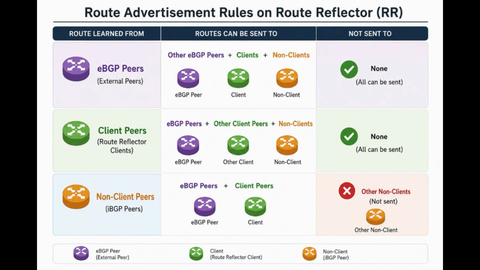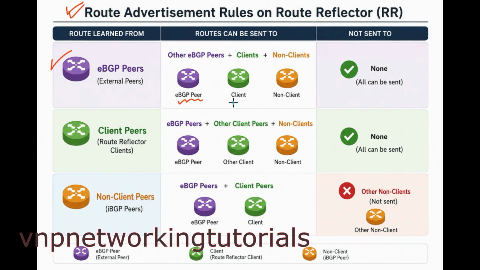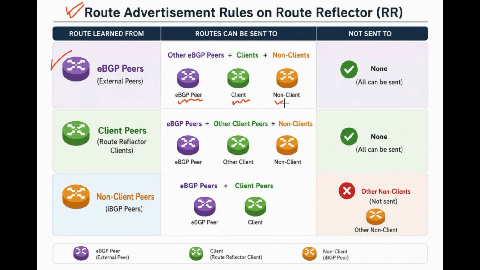Finally, let's summarize everything in one table. A route learned from an eBGP peer can be sent to other eBGP peers, clients and non-clients. There is no destination restriction shown here. A route learned from a client peer can be sent to eBGP peers, other client peers and non-client peers.